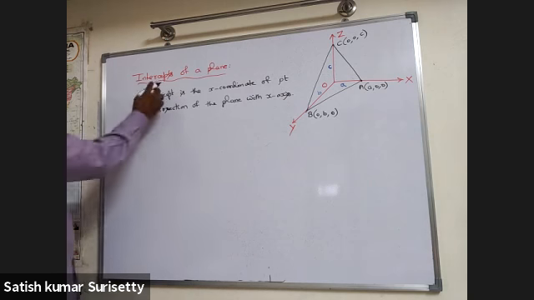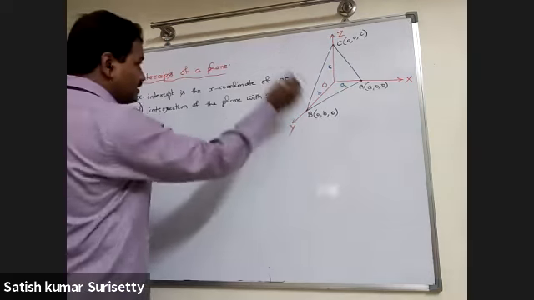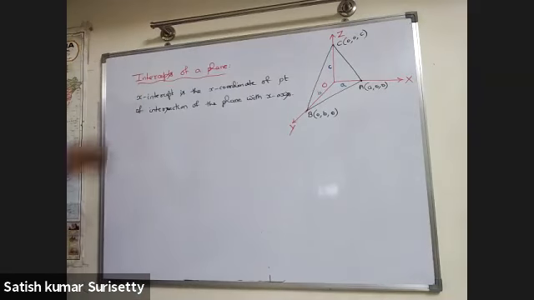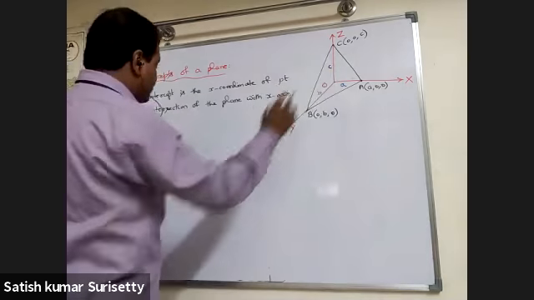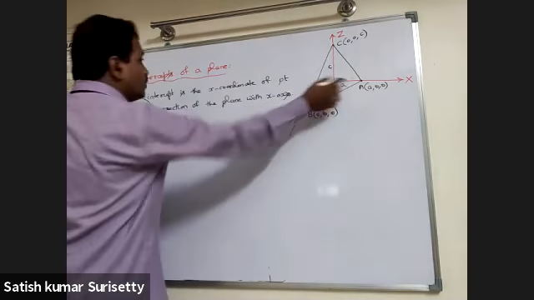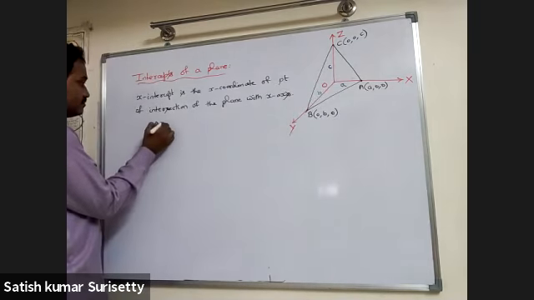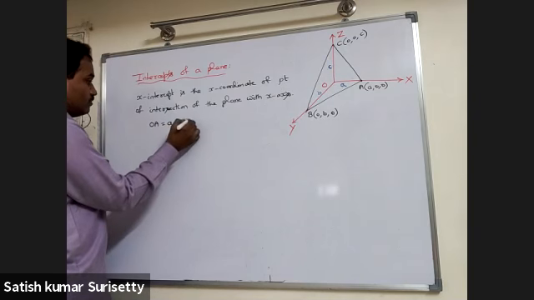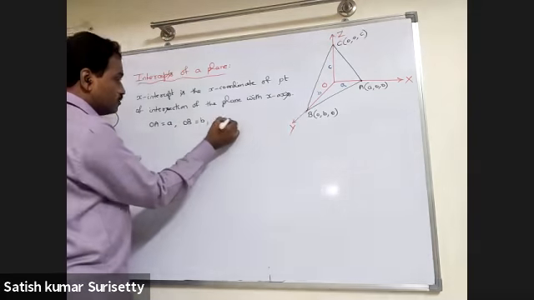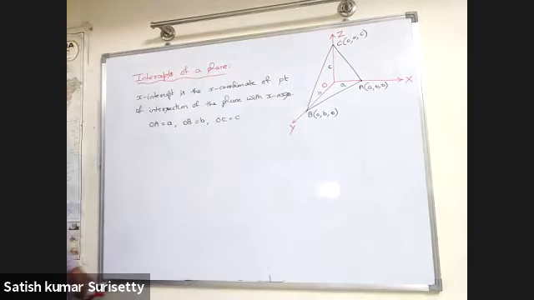In the same manner, you can have the y-intercept and z-intercept. So if the plane intersects the coordinate axes at A, B and C, then the intercepts are OA equal to a and OB equal to b and OC equal to c.